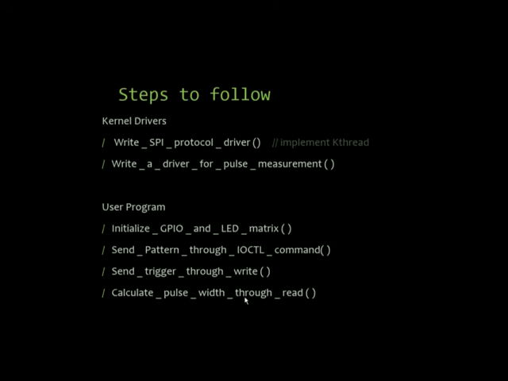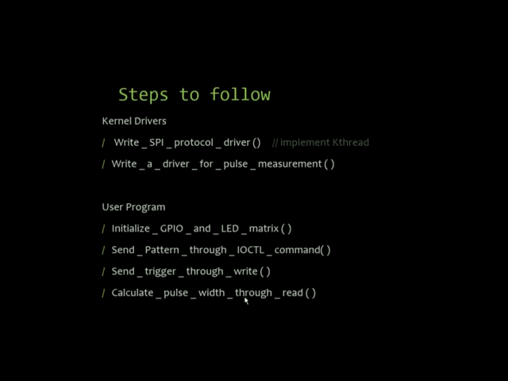So after writing the drivers, we need to write a user program in which we initialize the GPIOs and LED matrix as we did for the first task, and then we need to send the pattern through the IOCTL command which we defined in the driver.